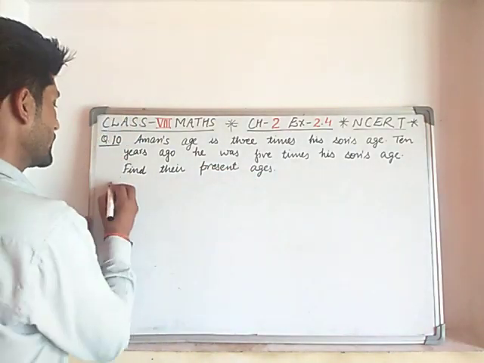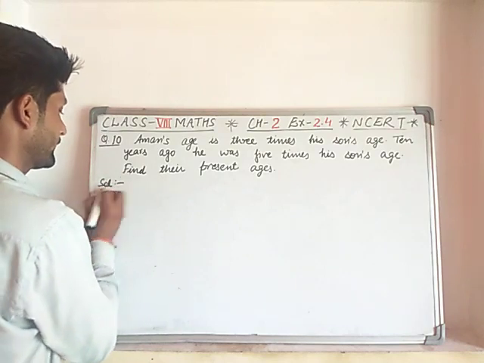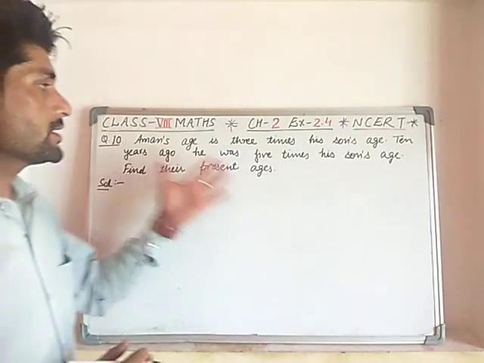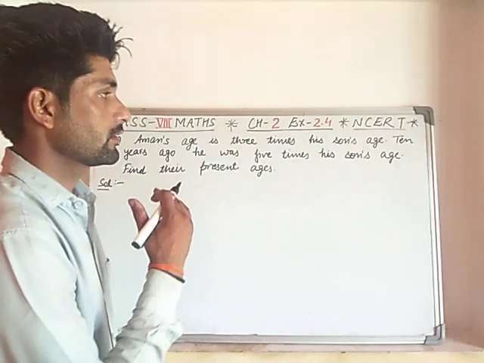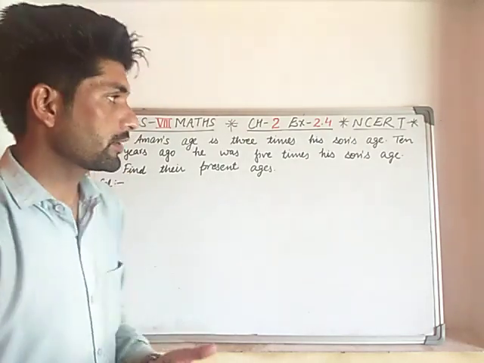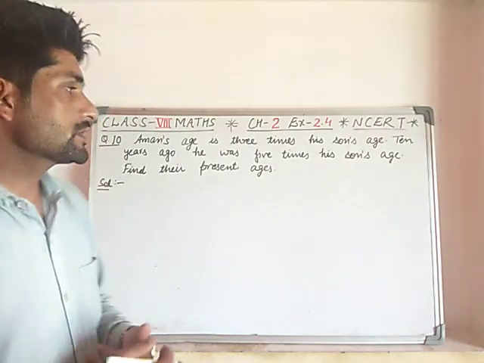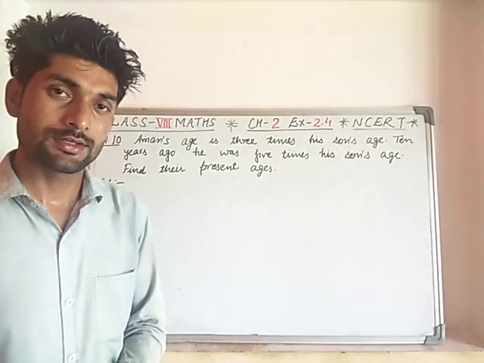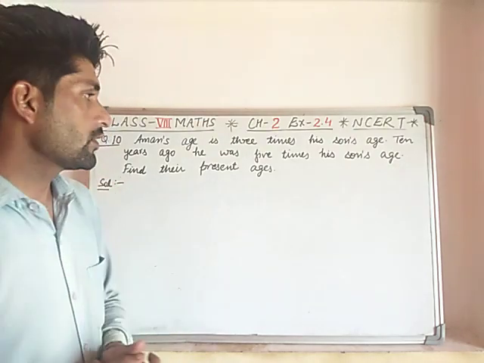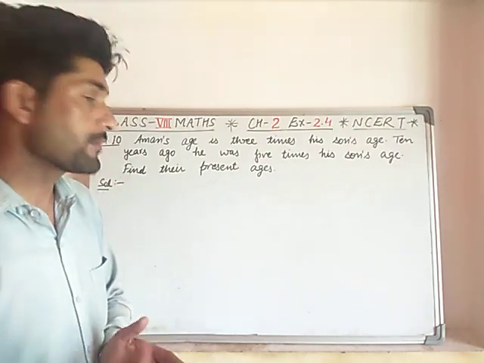Okay, so let us start the solution. The question says Aman's age is 3 times his son's age. And 10 साल पहले, he was 5 times his son's age. 10 साल पहले उसकी जो एज थी वो अपने बेटे की एज की क्या थी? 5 times.